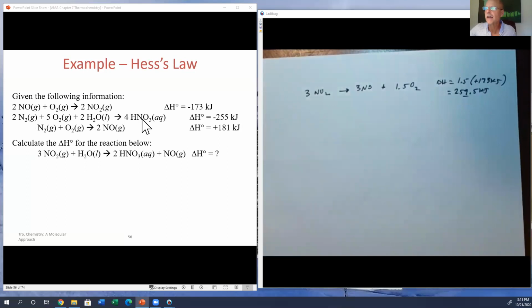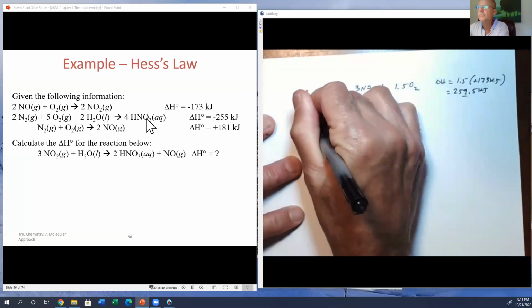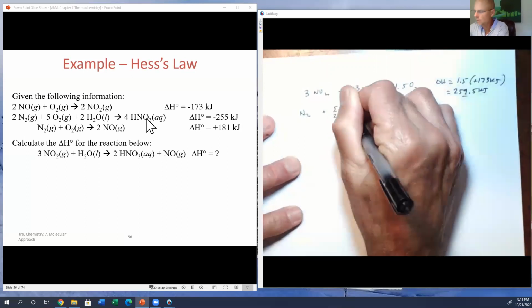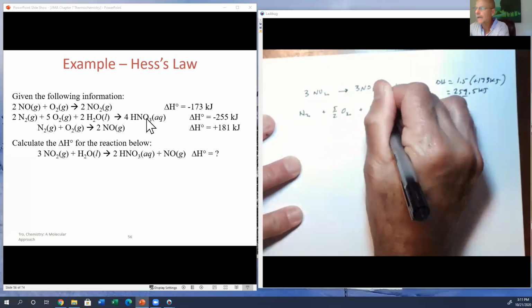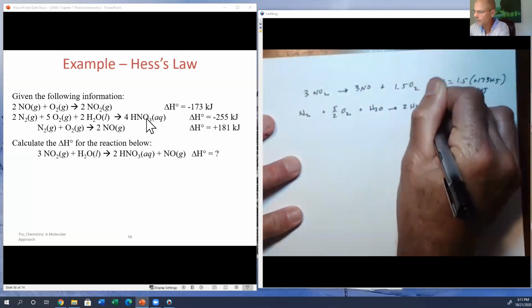The second equation, notice that it has things in the right place. Like if I look here, I have HNO3, that's a product there. The only problem is that this is times 4 and this is times 2. So what I'm going to do to this one is just divide it by 2. If I divide that whole thing by 2, I get N2 plus 5 halves O2 plus H2O goes to 2HNO3.